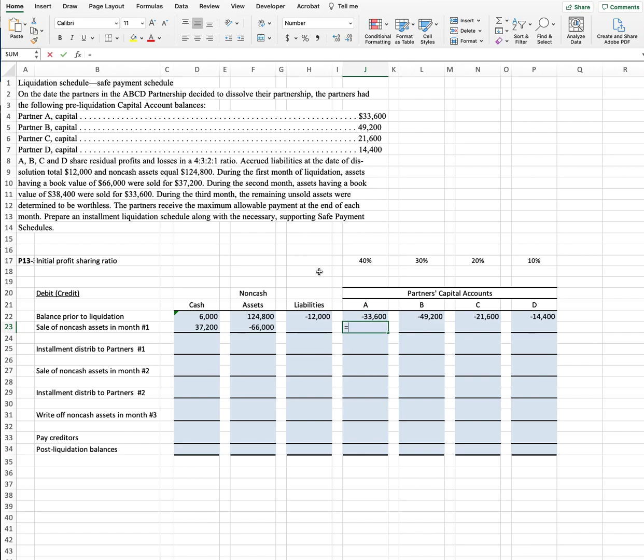So we'll put in here equals parentheses, grab the difference, close parentheses, and we'll put an ABS in front of this as well so that it gives us an absolute number. And then let me make these absolute cell references so that we can just multiply by the percentage and copy this formula over.